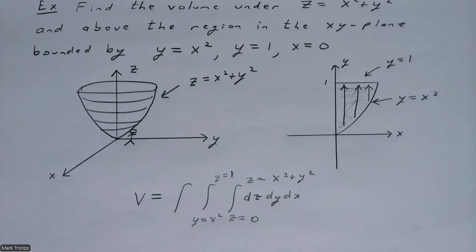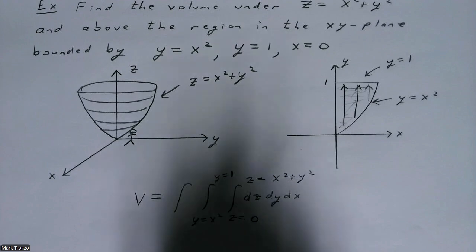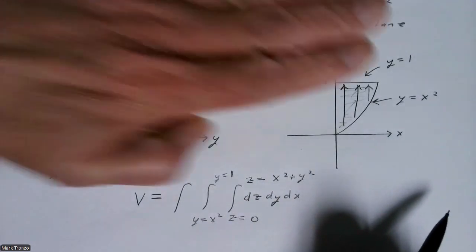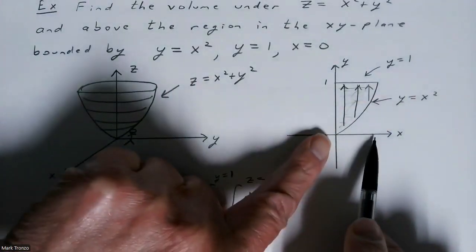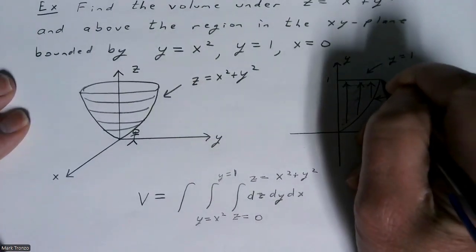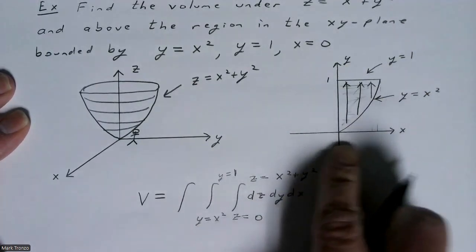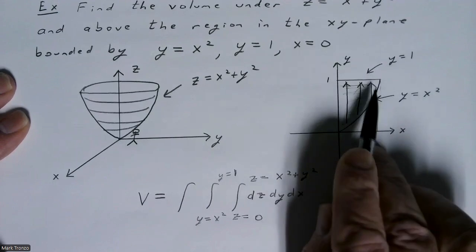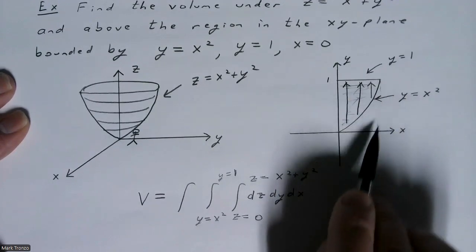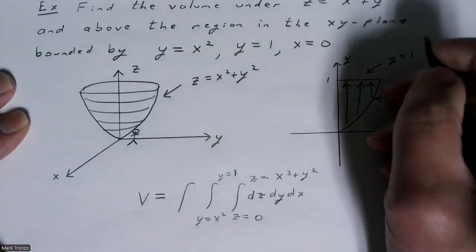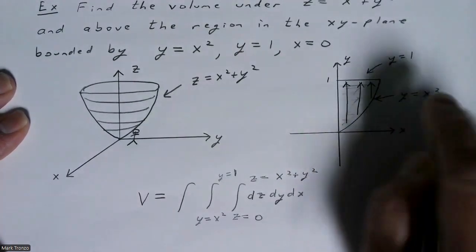And then the final thing you have to do is to say, okay, we're done with z, we're done with y, so we're just down to 1 dimension here. We just say to ourselves, how is this region projected on the x-axis? And actually, if you put y equals 1 here, you can see that x is going to be equal to 1 from this equation.